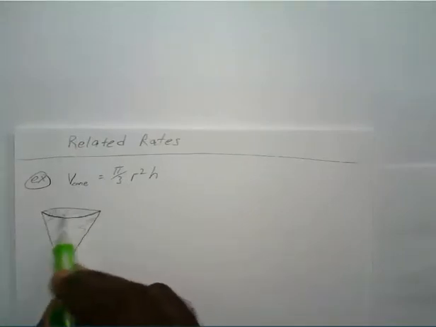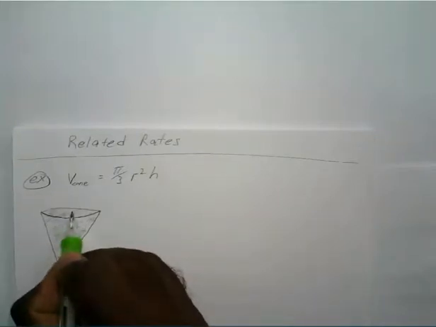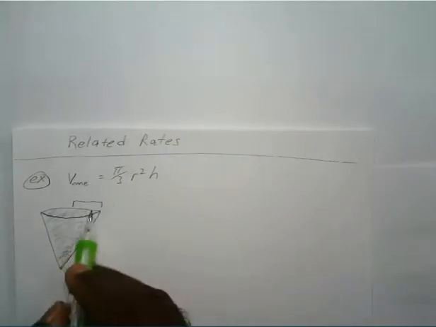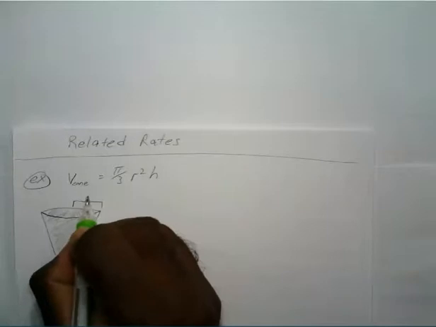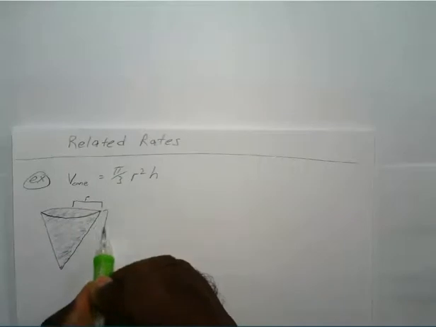Okay, so it's filled up. Now the top part of this circle, from the middle on out to the edge, would be your radius. And from the top to the bottom, that's your height.